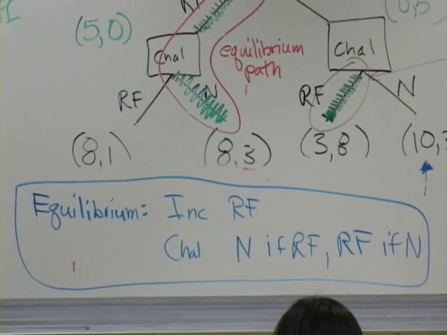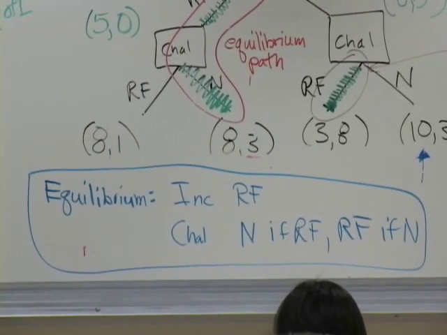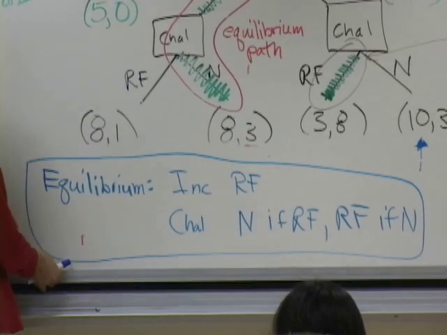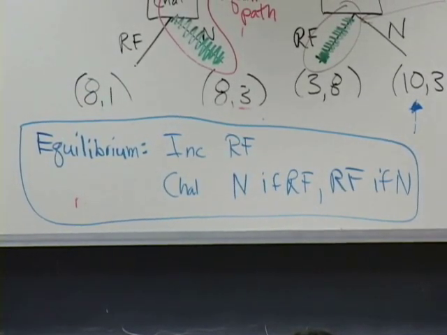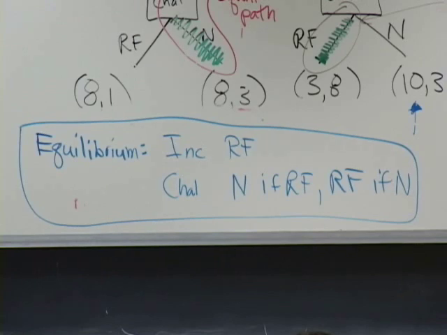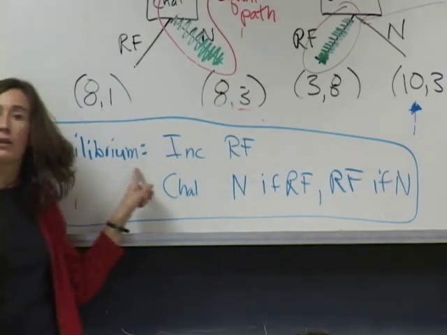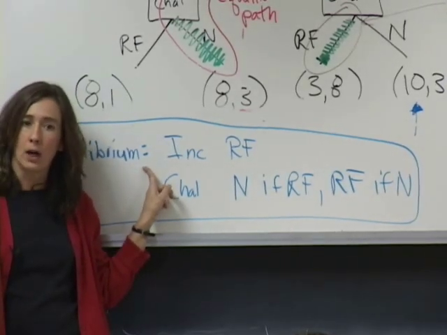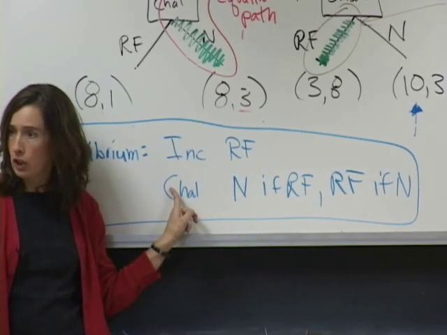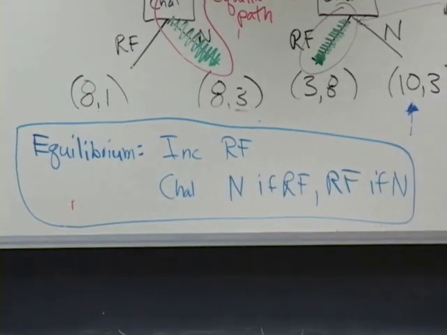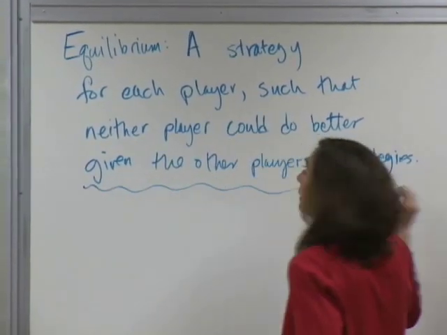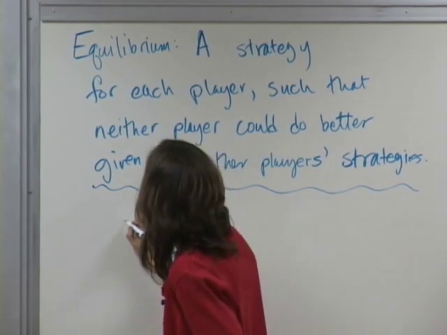On your homeworks, on the exams, in any application of game theory, anytime somebody asks you what the equilibrium in a sequential game is, this is the kind of thing they're looking for. They're looking for a pair of strategies, one for each player. And each strategy, I'm going to give the definition in slightly different language.